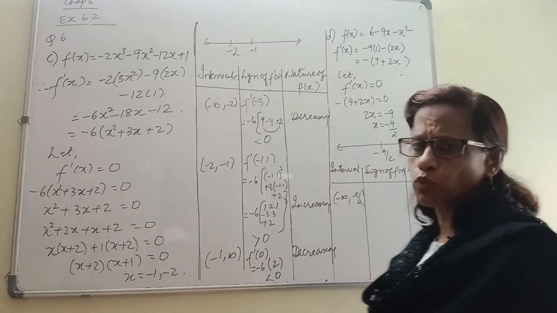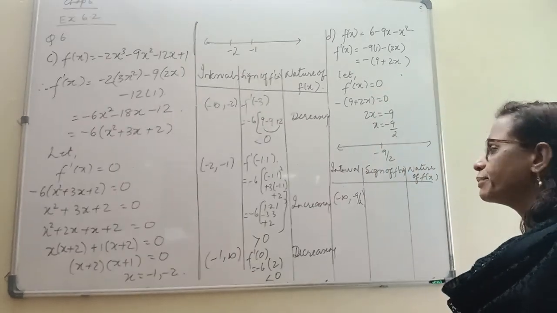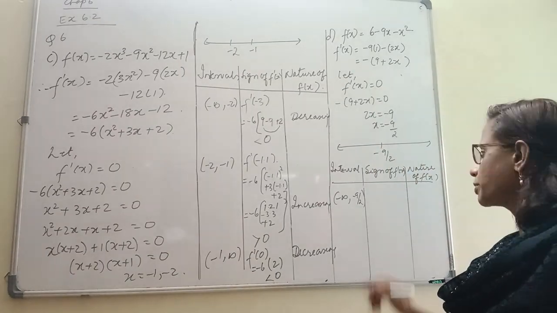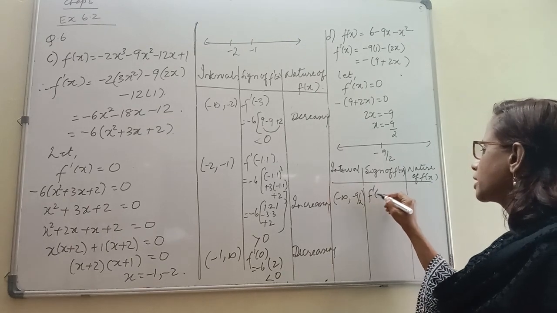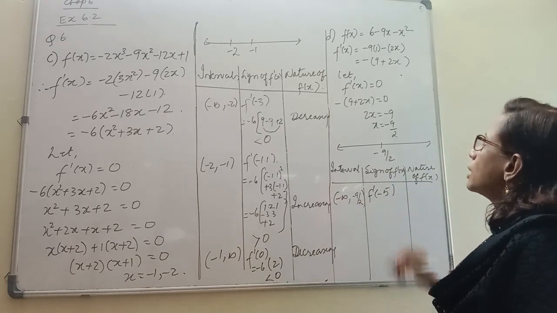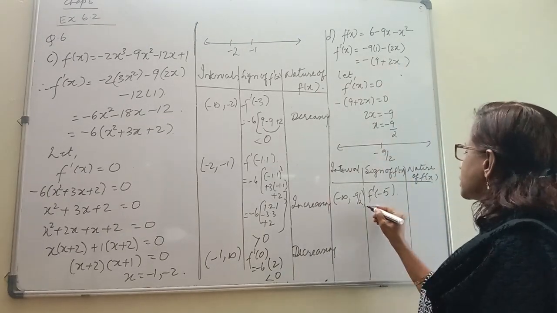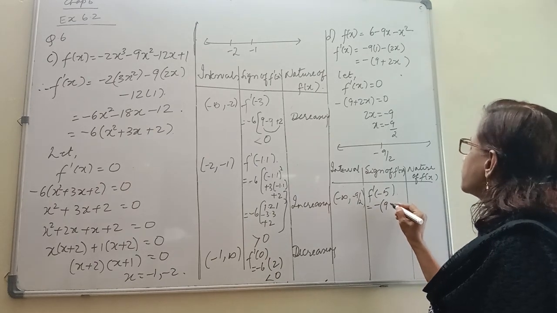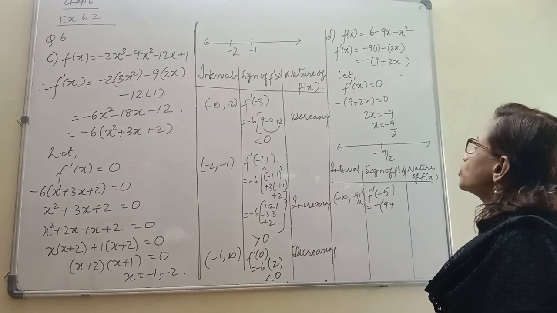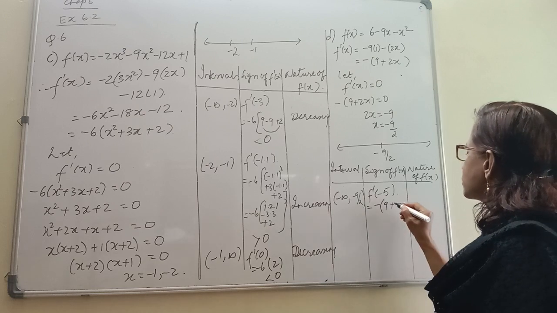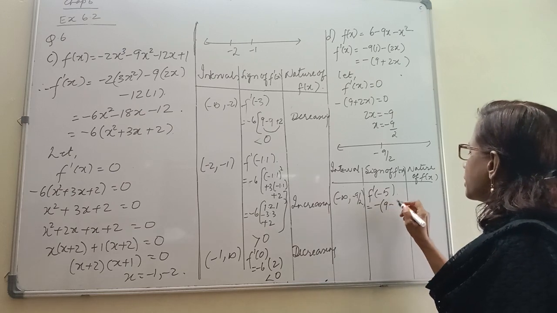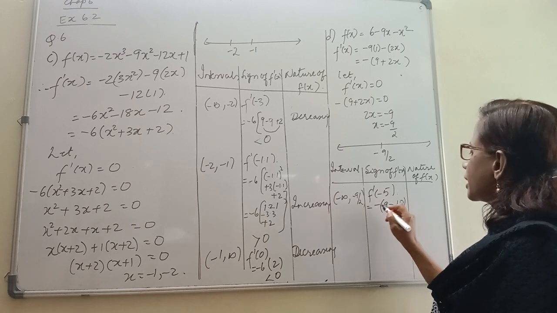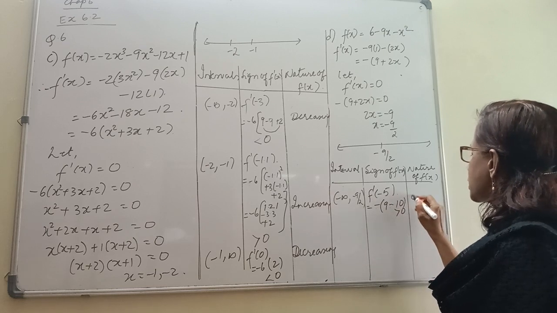Minus 9 by 2 is minus 4.5. So you could have maybe minus 5 or something. That's quite okay. So f dash at minus 5: it's minus 9 plus minus 5 into 2 is minus 10. So 9 minus 10 is a negative quantity. Negative into negative, it's positive. So that's increasing.